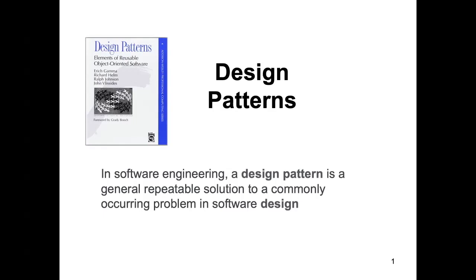And over time, good quality designs for these problems have emerged, and they've been cataloged and documented for the rest of the community to use. In fact, the image on the left is the cover of a text that was published way back in 1994. So, as a topic, it has been around for many, many decades.